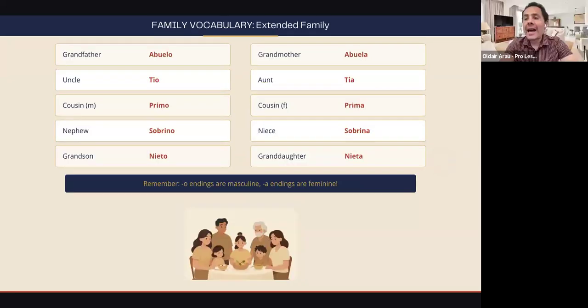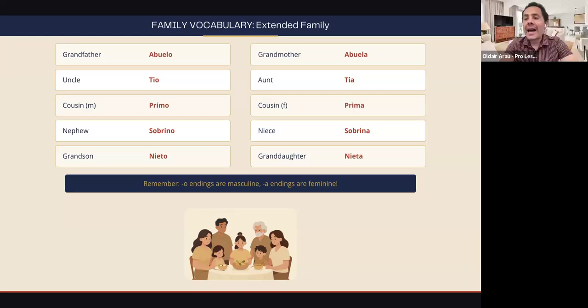Here we go to the second batch of words. Grandfather, abuelo. Grandmother, abuela. Uncle, tío. Aunt, tía. Cousin, primo.